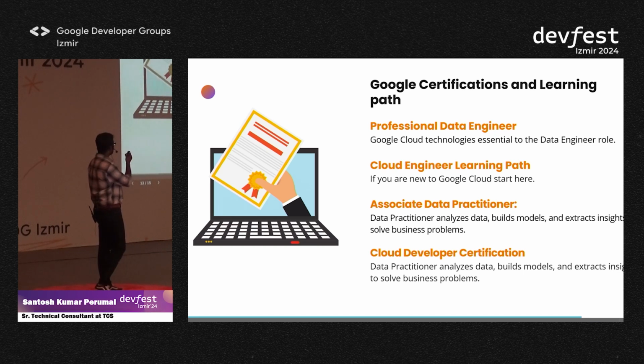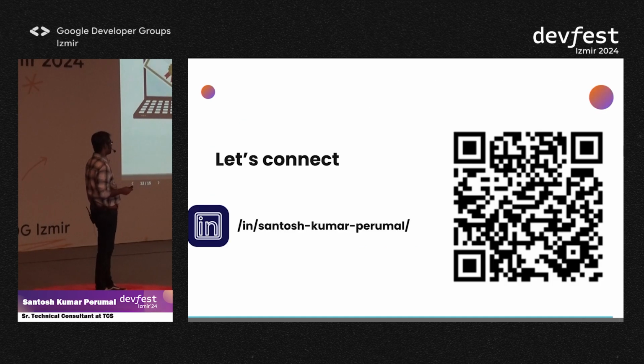So that is the final professional level, but they have similar certifications for different roles. When I say different roles, as a developer you might be building a lot of applications, web applications, or writing functions. If you are a core developer, then you can start with the cloud developer certification. That is one of the good certifications for a developer role.